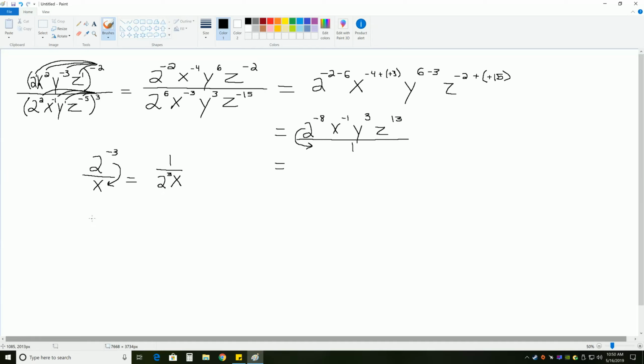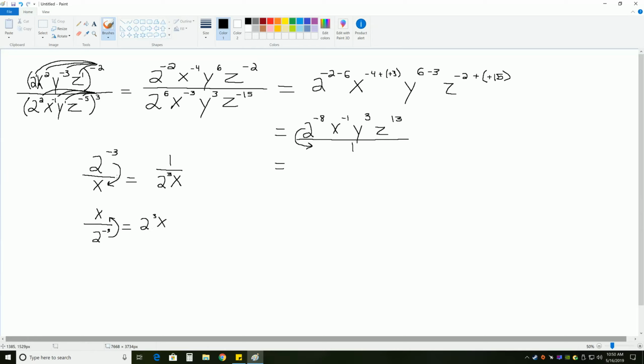And likewise, if you had x over 2 to the negative third, in order to make this negative 3 positive, you have to move your 2 to the numerator, giving you 2 to the third times x.